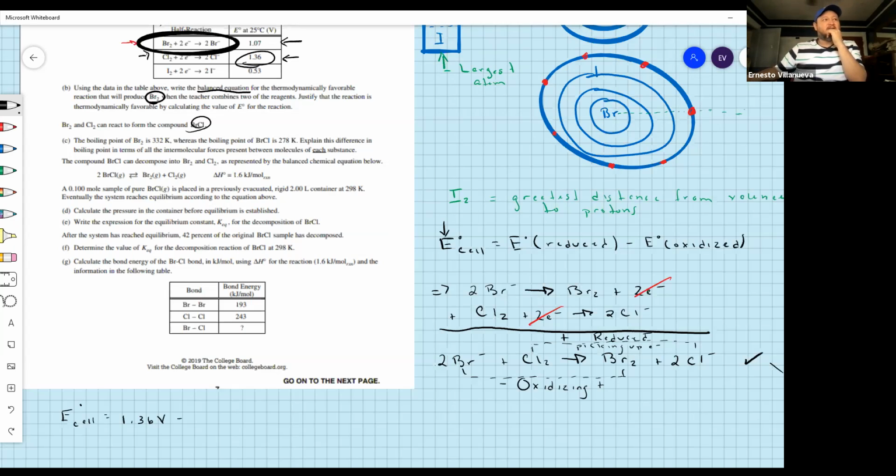Minus the oxidized species, 1.07, right? And if you subtract those, we should end up with positive 0.29 volts.